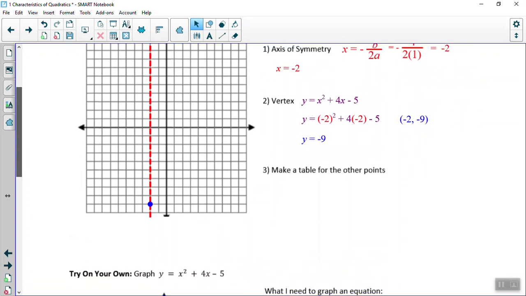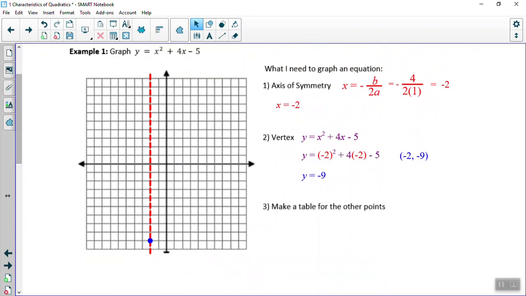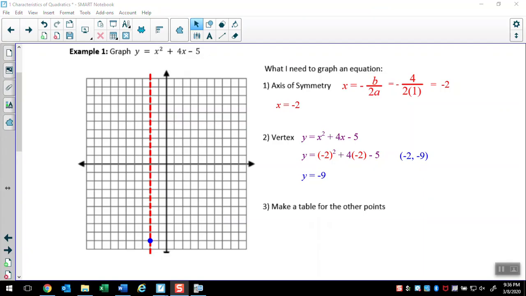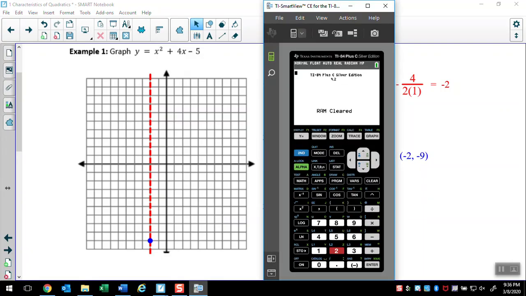To do that, we can pull out our graphing calculator. Okay, so if I open up my calculator, oh, hold on, let me pull this up. All right, so for some reason, I cannot get this. All right, hold on one second. Okay, now I can get to my calculator.